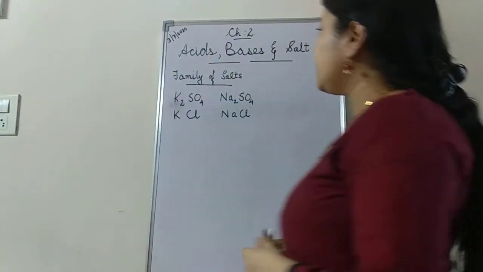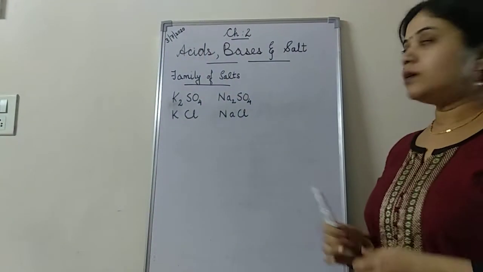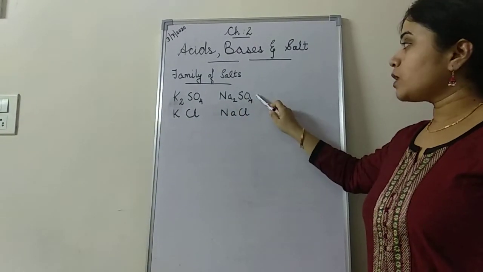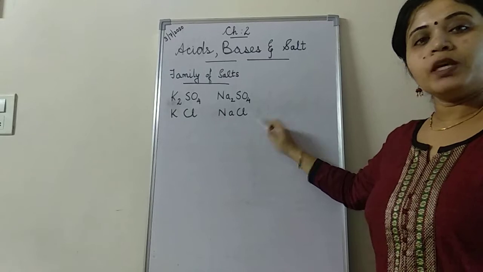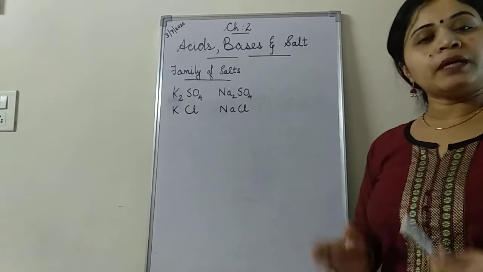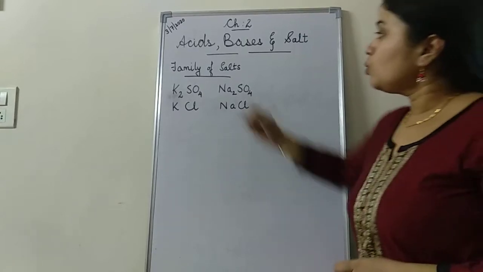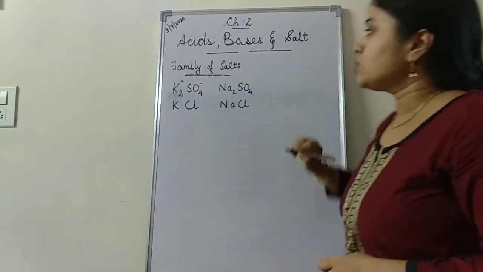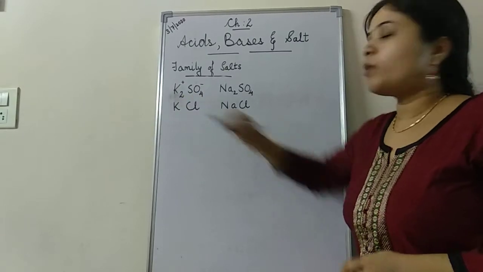You can see that I have written some examples here: potassium sulfate, potassium chloride, sodium sulfate and sodium chloride. If I dissociate these salts, that is, separate the salts into cations and anions, I am going to have two parts here.